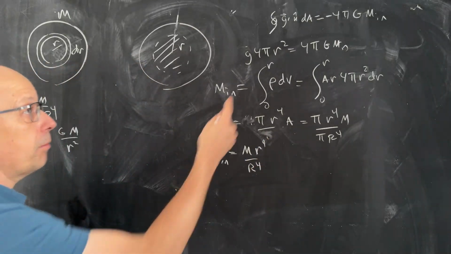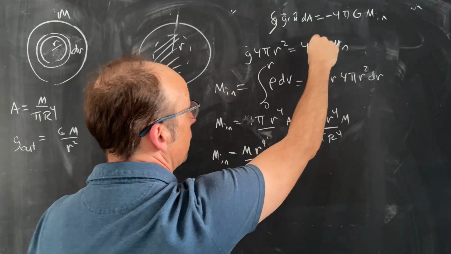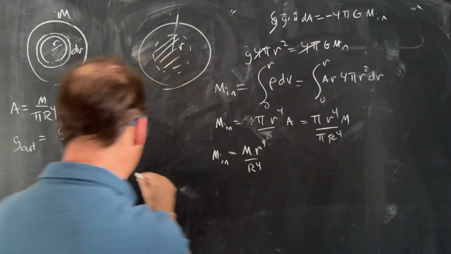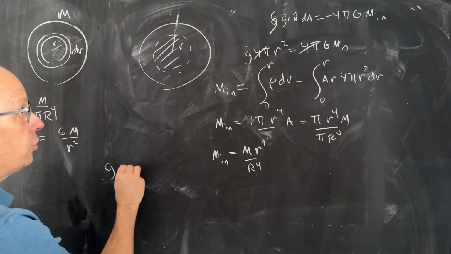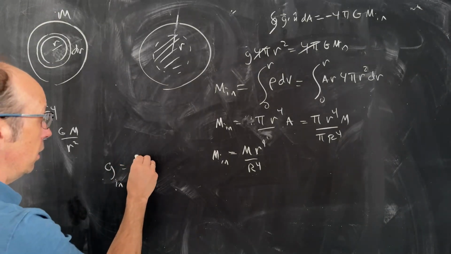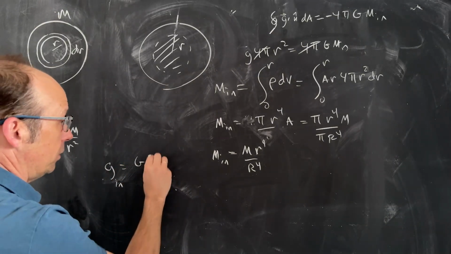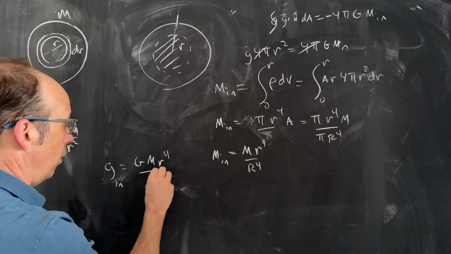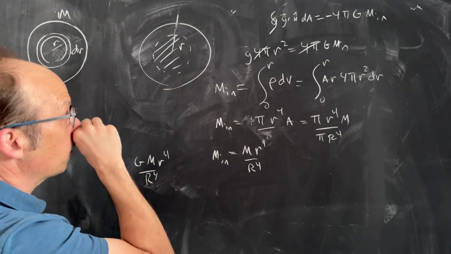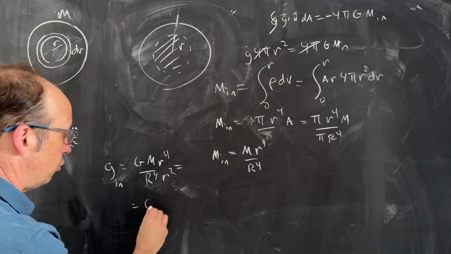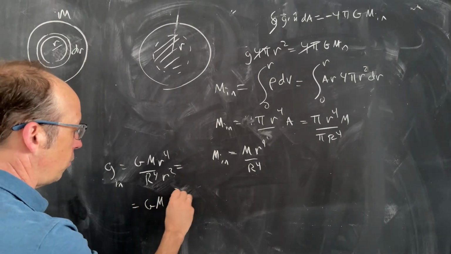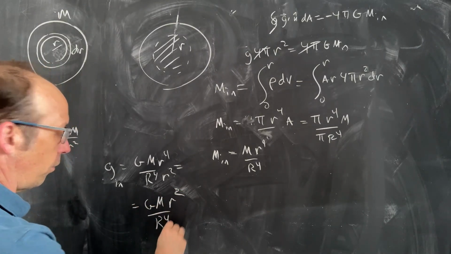Okay, now I can put that in up here in Gauss's law. These cancel, and I get g out. No, this is n. g_n is going to be equal to G times the mass m_n, which is m r to the fourth over R to the fourth, divided by r squared. So I get G m r squared over R to the fourth.